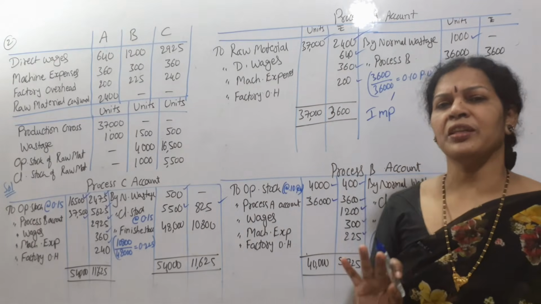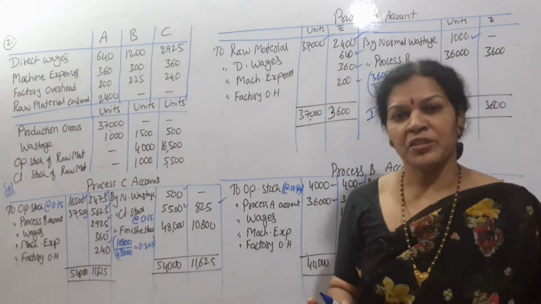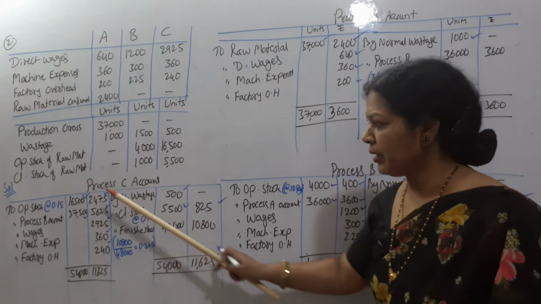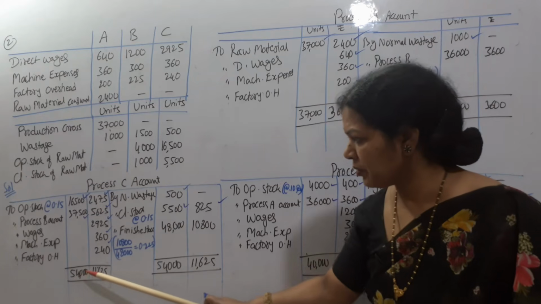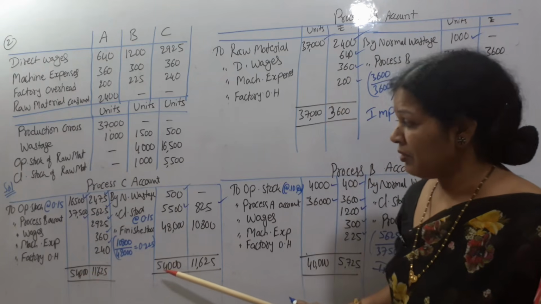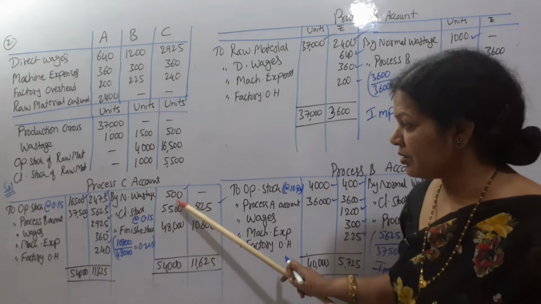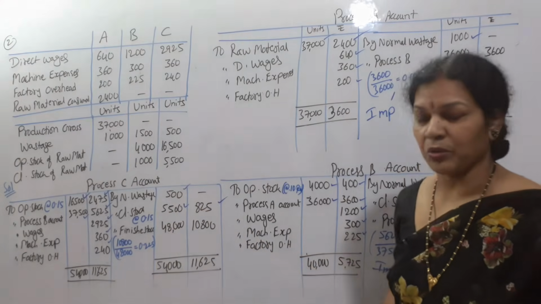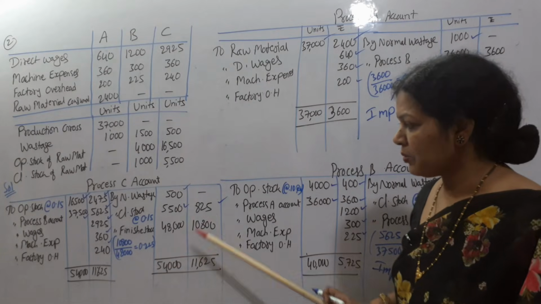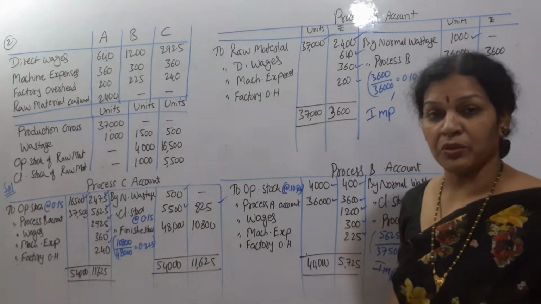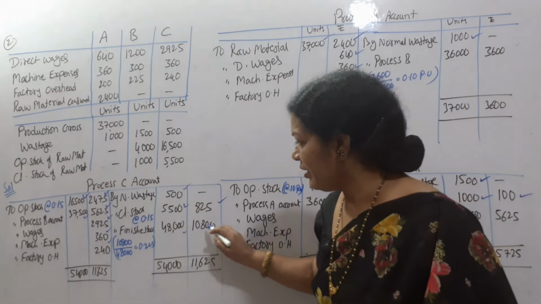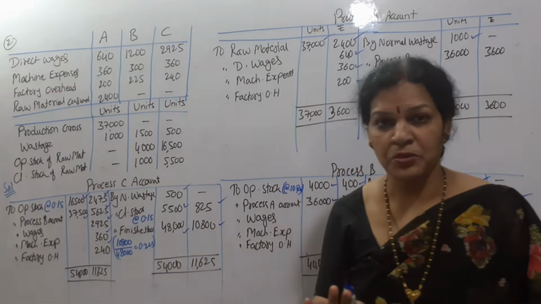Now it's the time to close the process C account. Process C account, if you calculate, you are getting 54,000 and 11,625. 54,000 minus 6,000 comes to 48,000. And 11,625 minus 825 comes to 10,800. So this is finished stock. Last process, no?